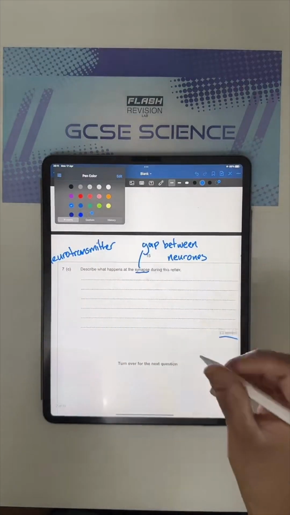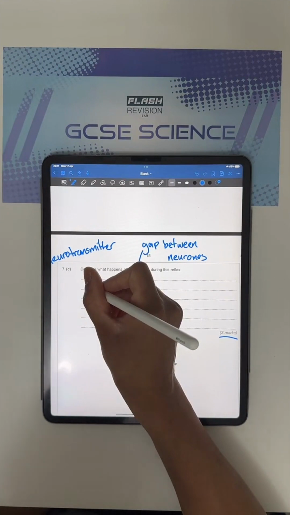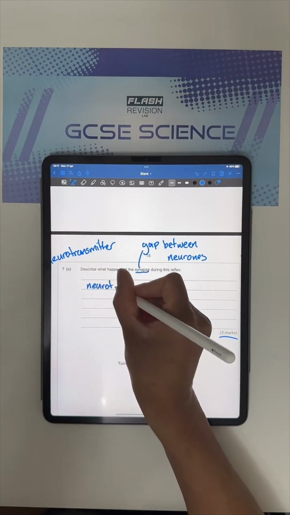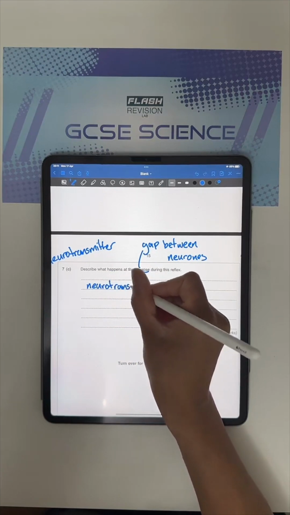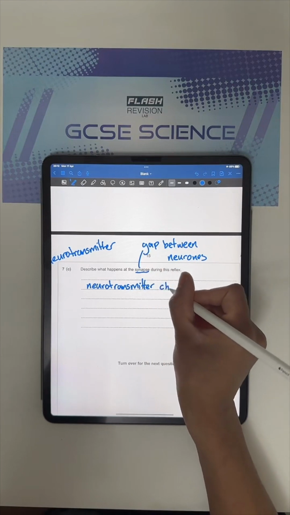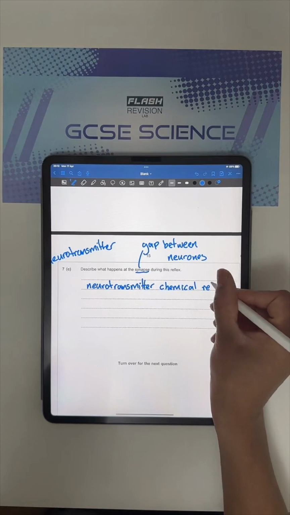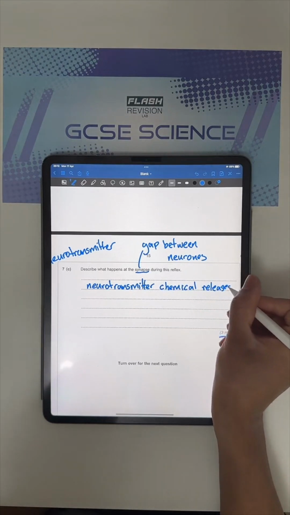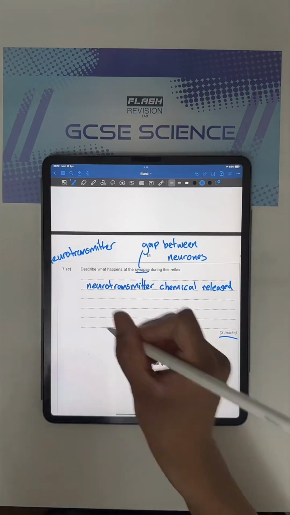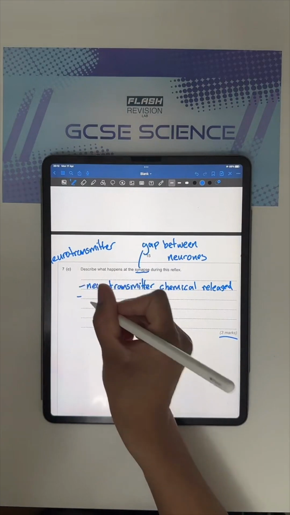So first thing is to mention the neurotransmitter chemical. So first mark, you say a neurotransmitter chemical is released. Then from there, second mark, that diffuses across the gap.